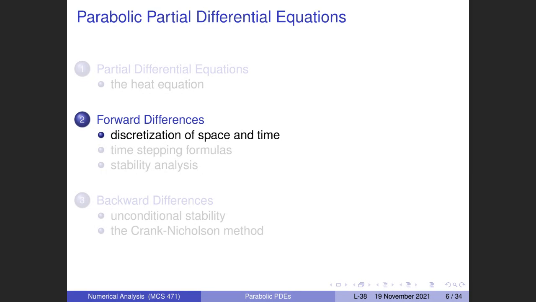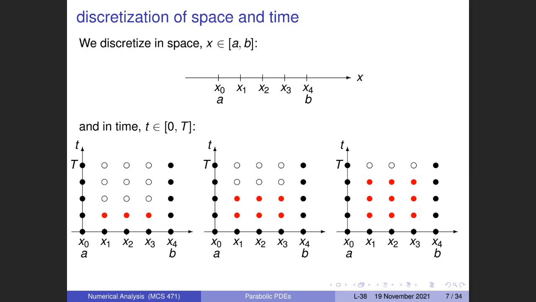So the first method applies forward differences, now applied to 2 dimensions. So we are discretizing in space. Here we divide our interval AB in 4 equal parts. We have 3 interior points, and we also work with a time interval. So time can go on, and we have a capital T on time.